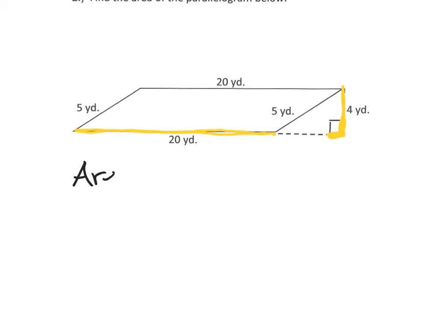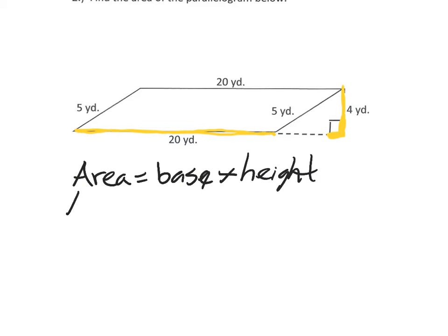Area is equal to base times height. Gives us the area is equal to 20 yards times 4 yards.